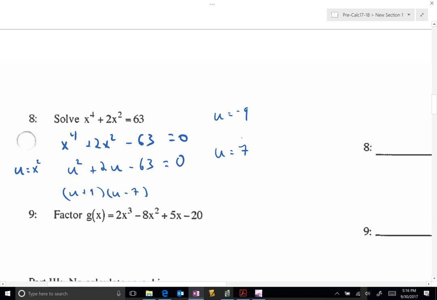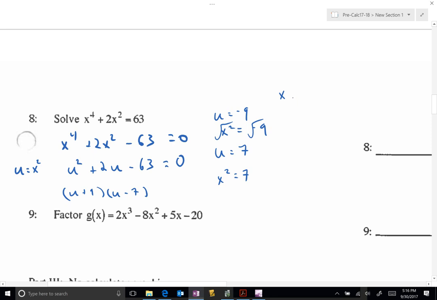We need to go ahead and substitute in now our x squared for u. We get x squared equal to negative 9, and we get x squared equal to 7. Solving for x squared equal to negative 9, we're going to square root both sides.